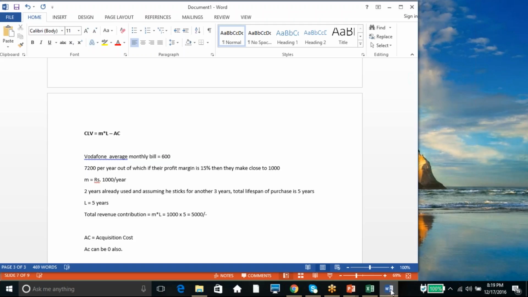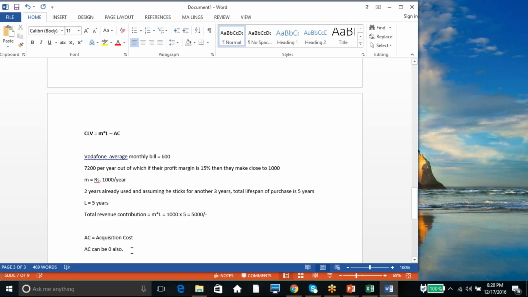If Ajay went himself to a Vodafone store, not because of a particular advertisement or because someone reached out to him, then he could be buying with zero acquisition cost to the company. And in fact that does happen for a lot of established players.